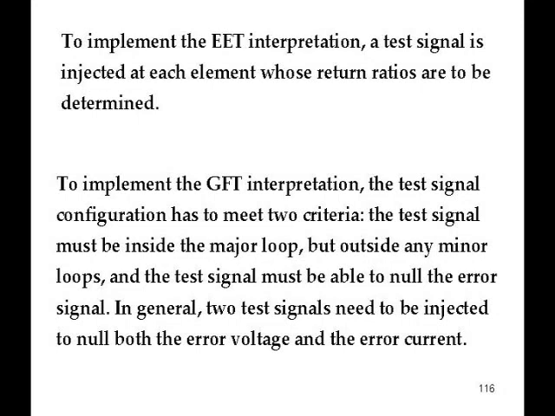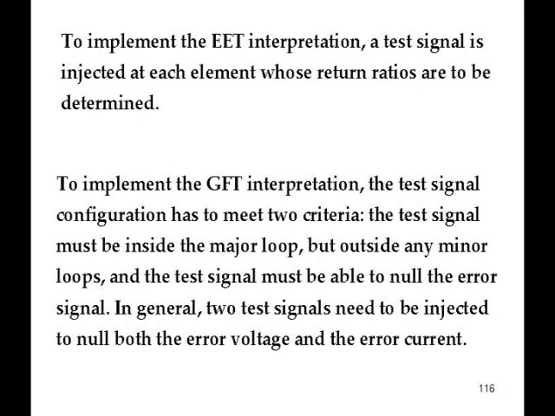So you control, by means of the choice that you make of where to inject the signal, you have to inject it judiciously, inside the major loop, but outside any minor loops. And second, you have to choose an injection configuration where the one or two signals that you want to know are the error signals.